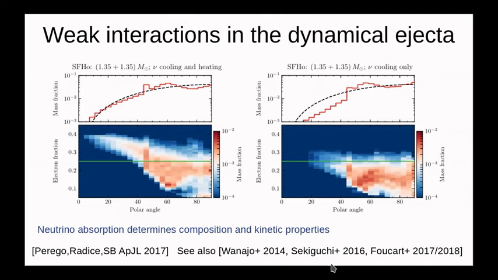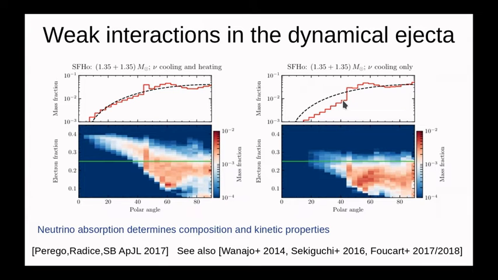So in a bit more detail, here is a comparison between a simulation with leakage, so neutrino cooling only, on the right, and the same simulation that also includes a scheme for neutrino absorption, on the left. What you see here is the mass distributed as a function of the polar angle, and you see that the two different treatments of the neutrinos imply a different mass distribution in a geometrical sense.